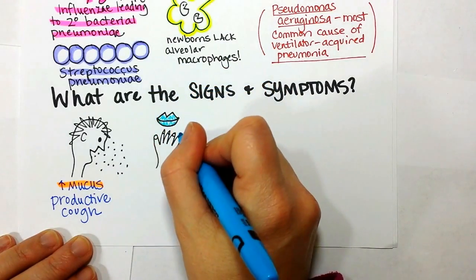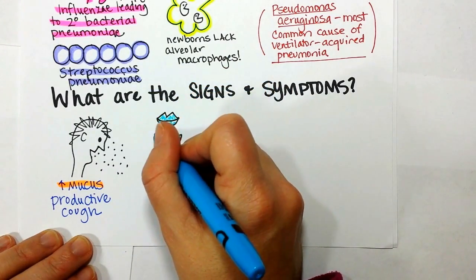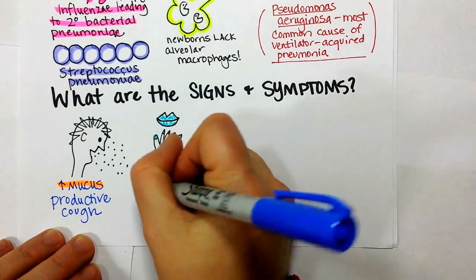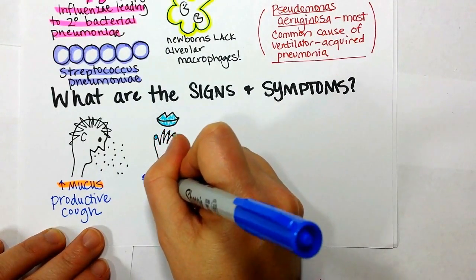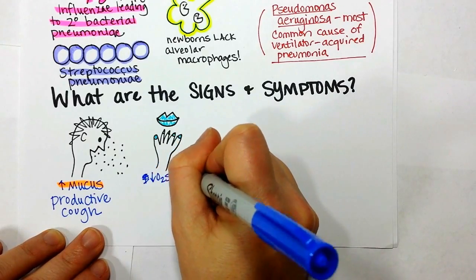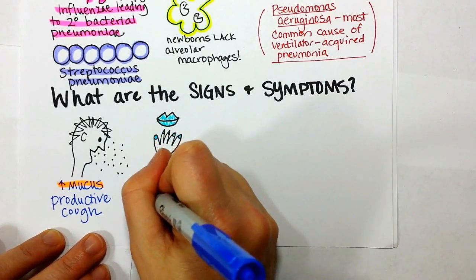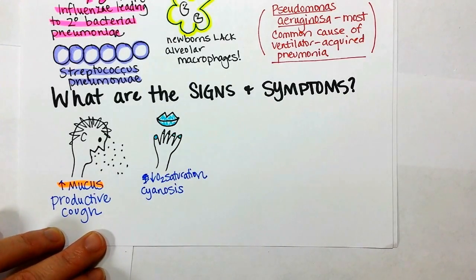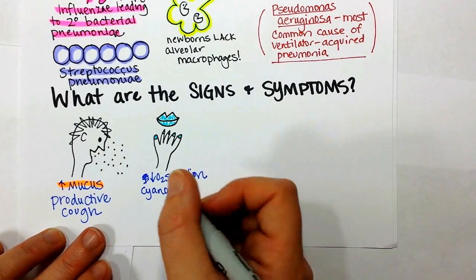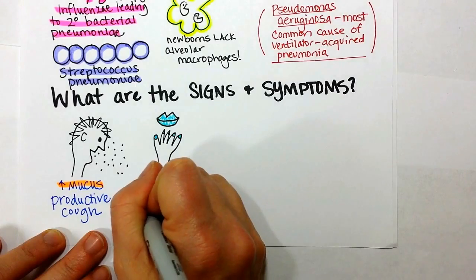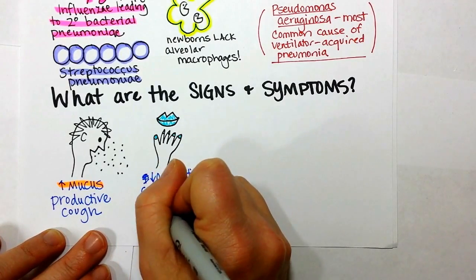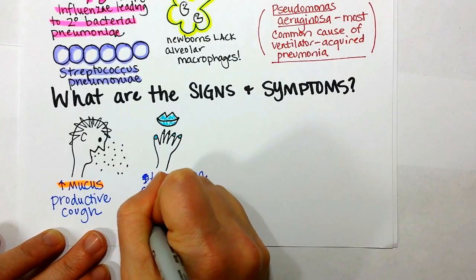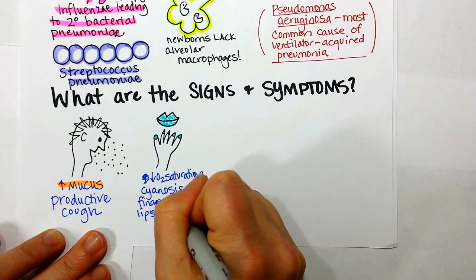So let's go ahead and make those fingertips blue. This is a decrease in oxygen saturation. We call blue extremities cyanosis, and we see that in the fingernails, the lips, and the gums.